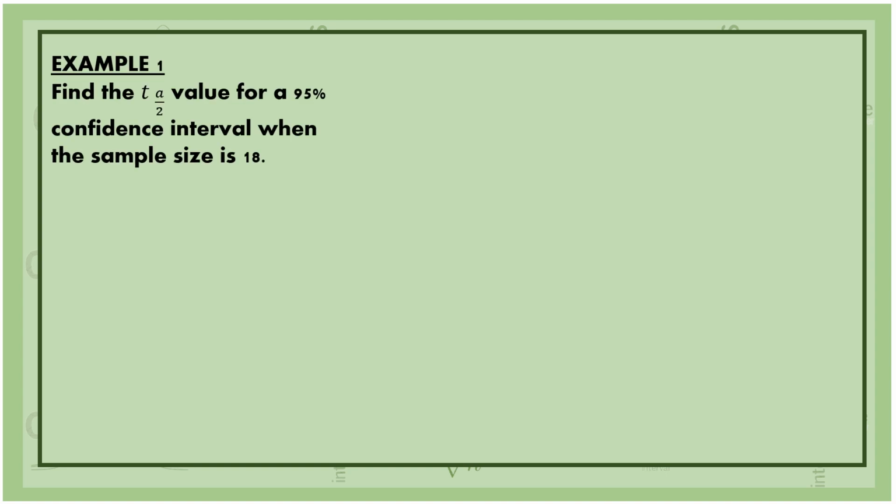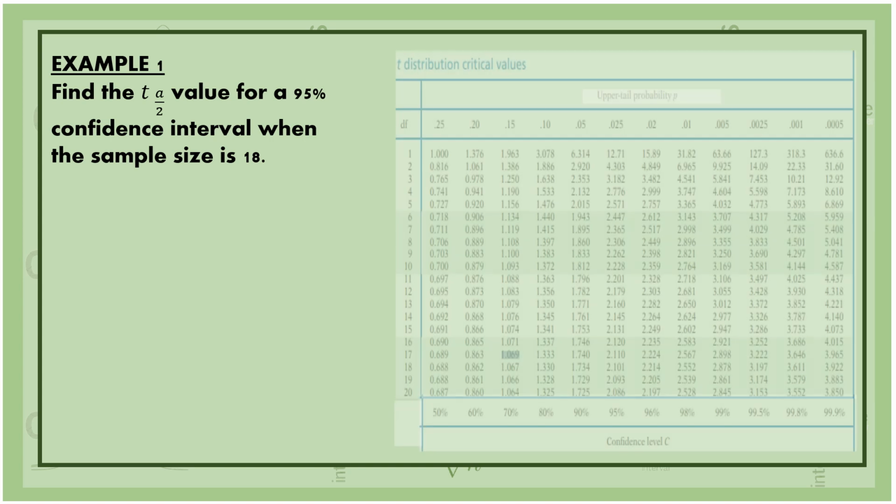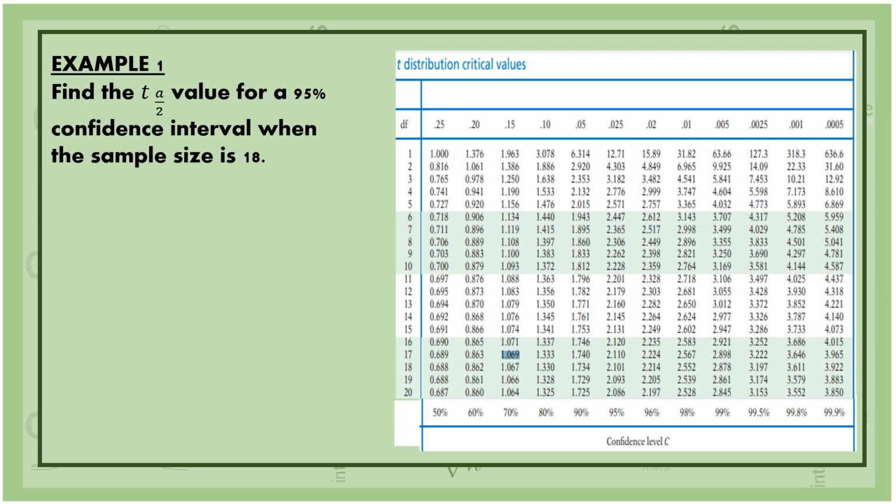t-distribution. Now, let's find the critical value if the confidence interval and sample size are given. For example, find the critical value for a 95% confidence interval when the sample size is 18. These are the steps in finding the critical value in a t-table. First step, locate the degrees of freedom in the first column and its corresponding level at the bottom row.